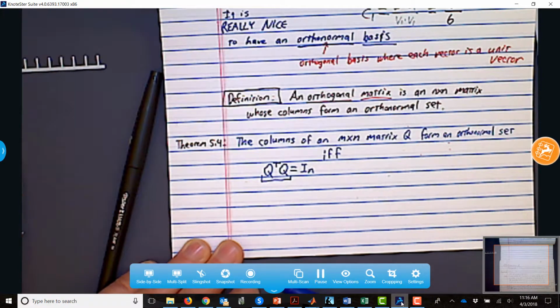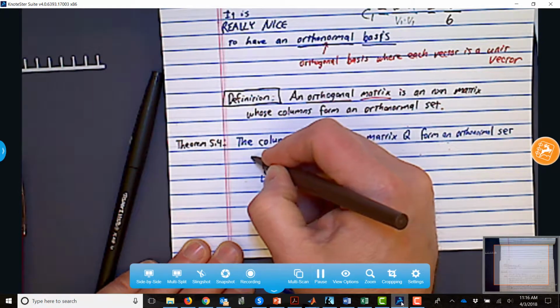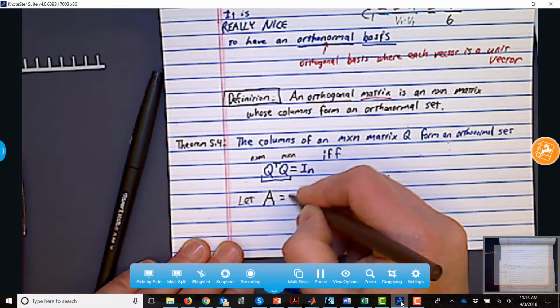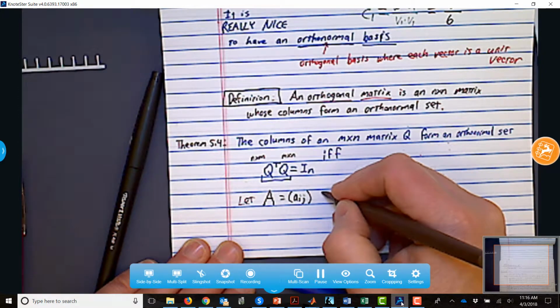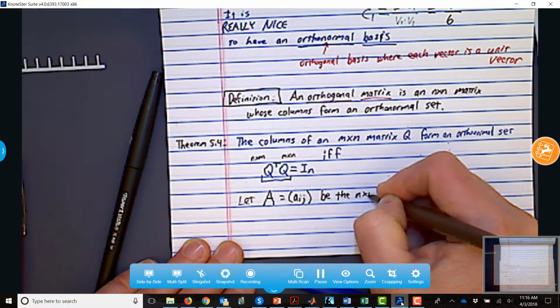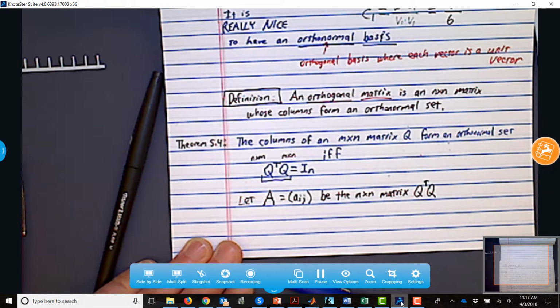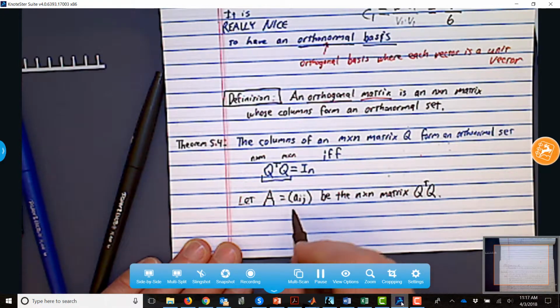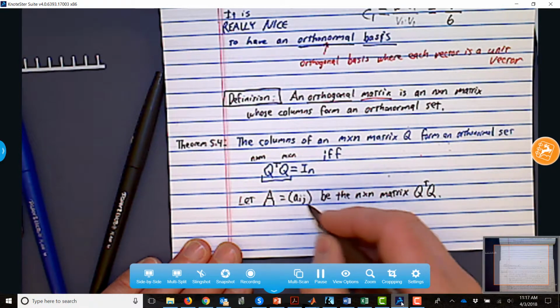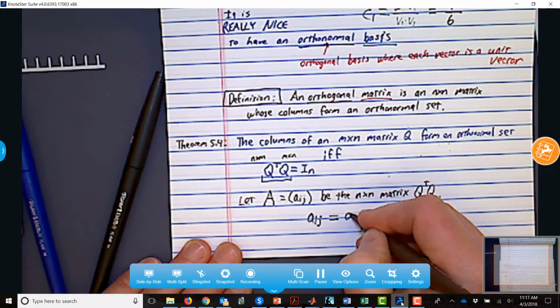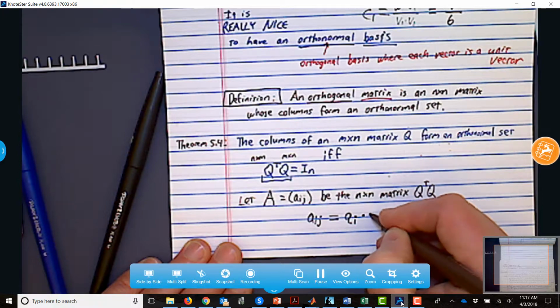Because Q is M by N, and Q transpose is N by M. So let A, with entries Aij, be the N by N matrix Q transpose Q. And you might ask, where does Aij come from? I claim that Aij is equal to Qi dot Qj.